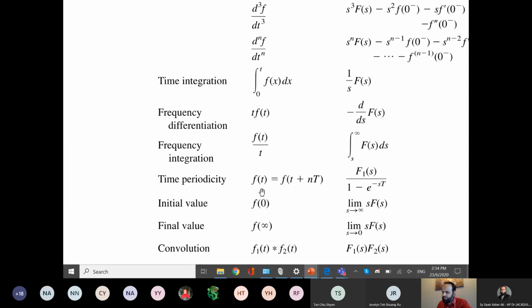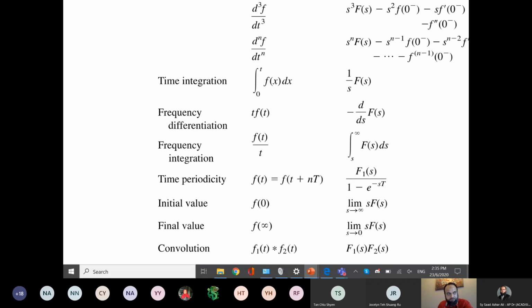If a function f of t is periodic with a particular period T, then the Laplace of that function will be, you just take the first period and divide it by 1 minus e to the minus sT, where T is the period.